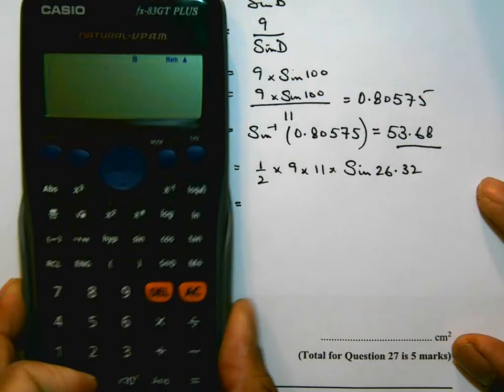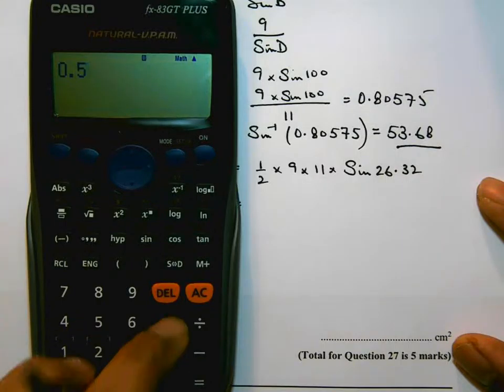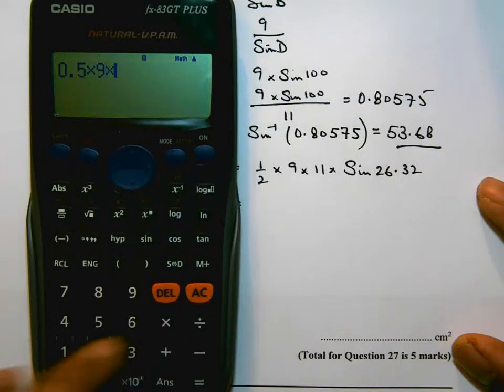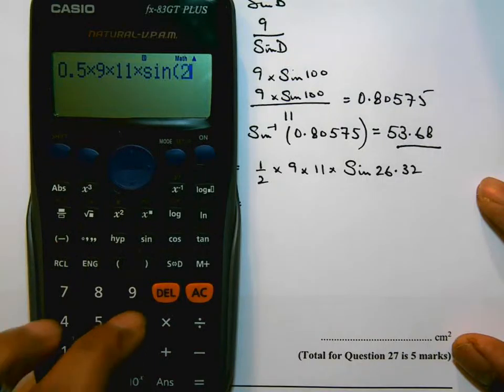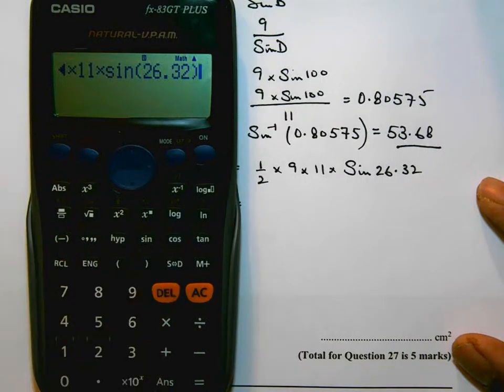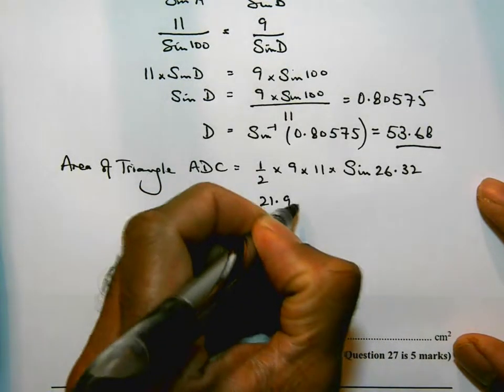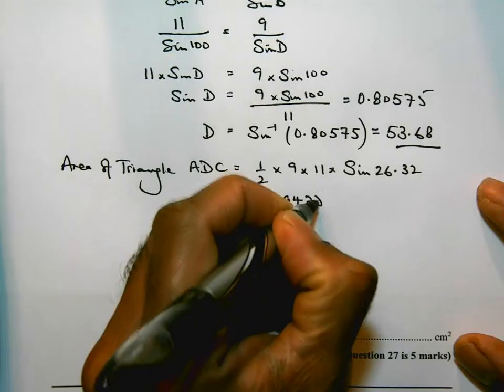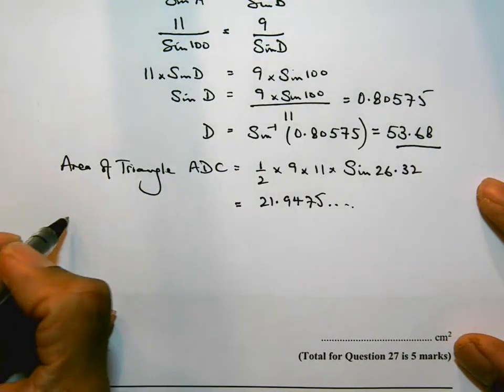Back to my calculator, I'll enter all of that. 1/2 is 0.5 times 9 times 11 times sine of 26.32. Don't forget to close the bracket. And that gives me 21.9475, and so on.